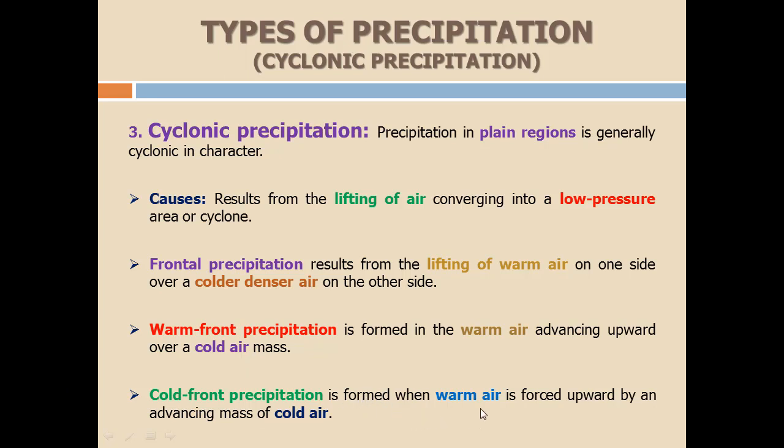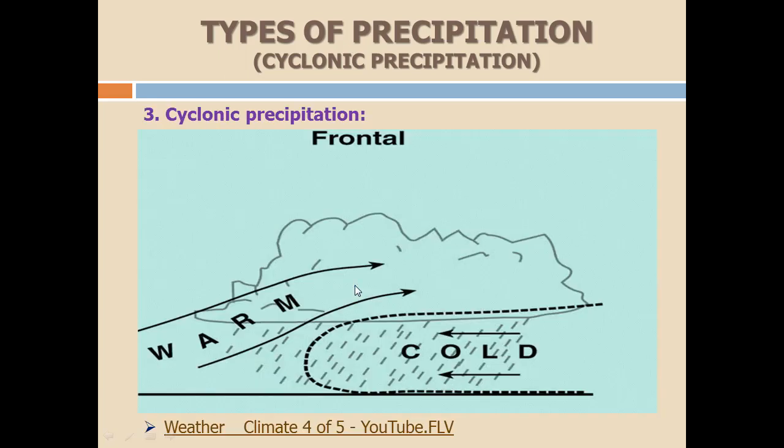Cold front precipitation is formed when warm air is forced upward by an advancing mass of cold air. This is cold air and this is warm air. Every time, either this one moves or this one moves, in both situations the warm air will rise upward.